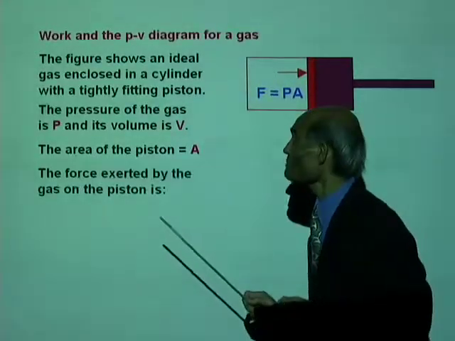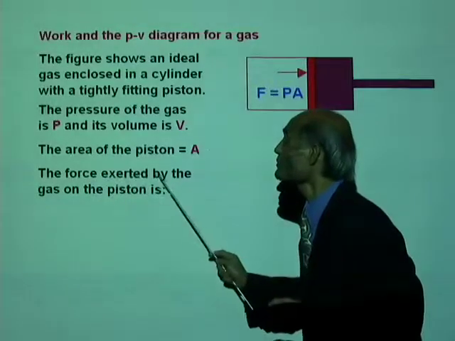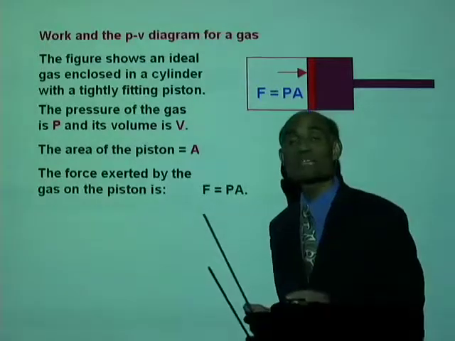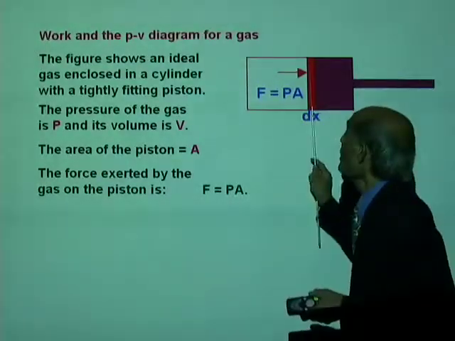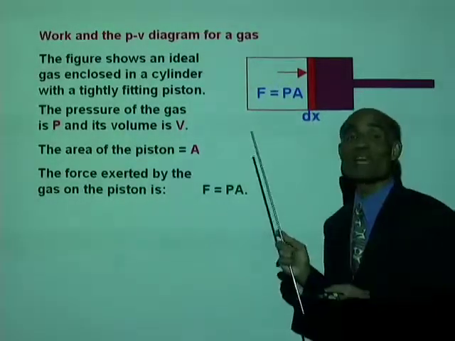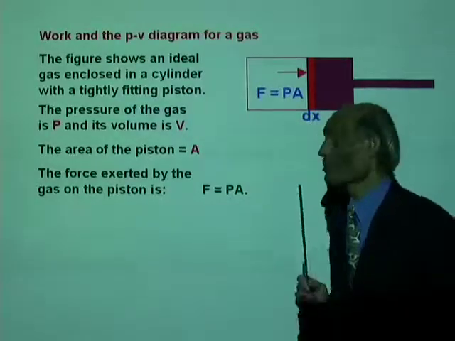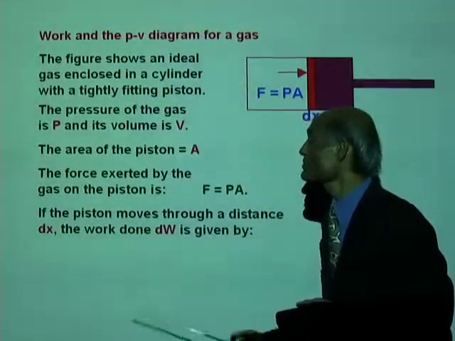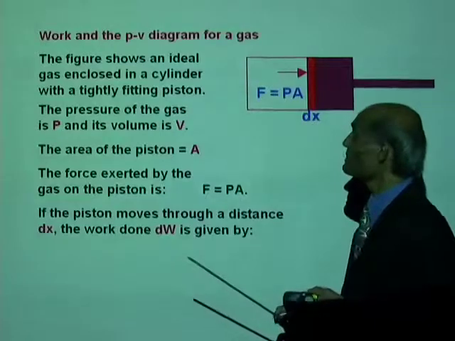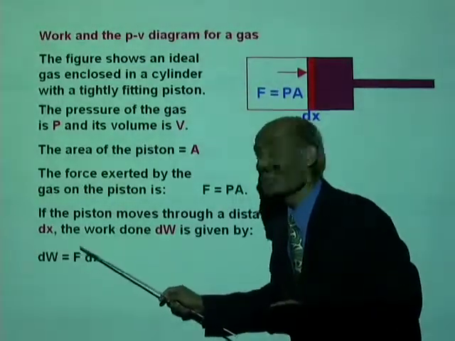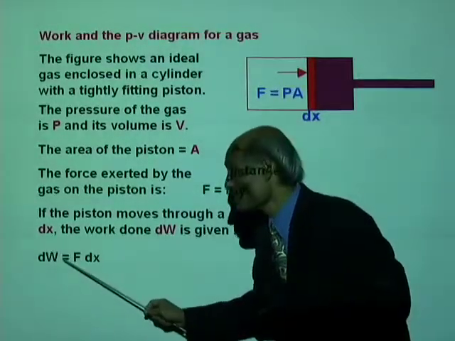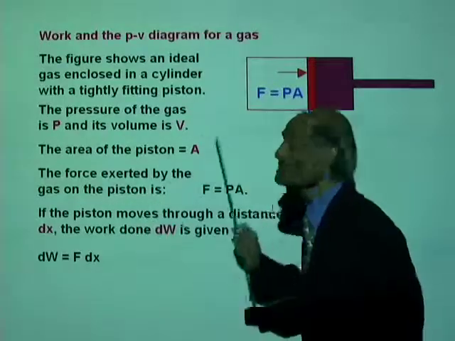So if the area of the piston is A, the force exerted by the gas on the piston will be F equal to P times A. Now, if this F displaces the piston through a small distance dx, what is the work done? The work done dW is given by force multiplied by the displacement.